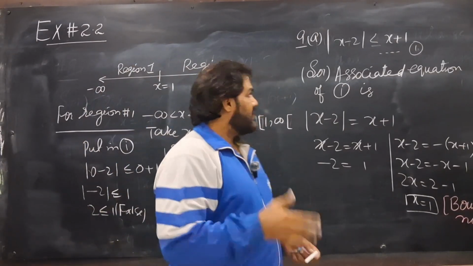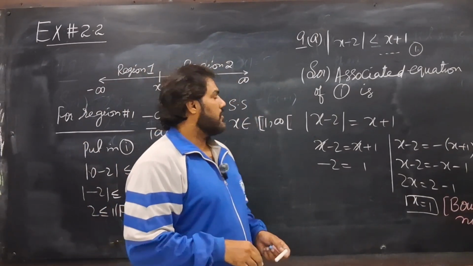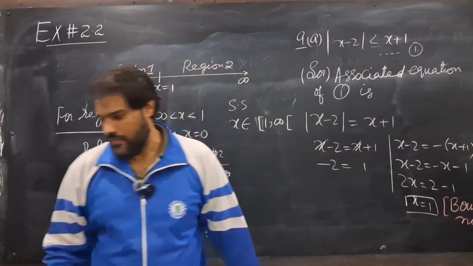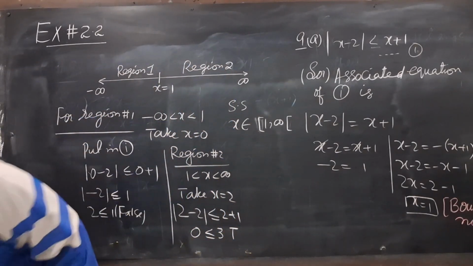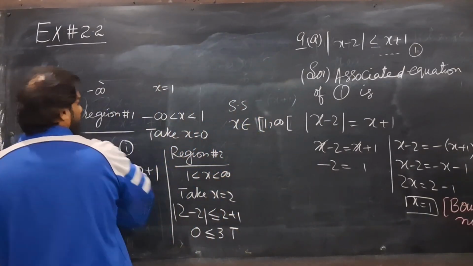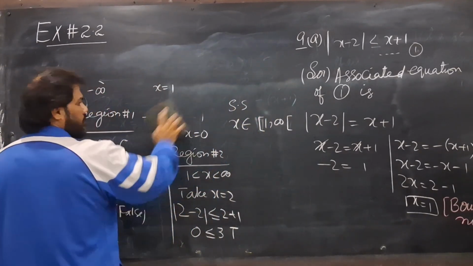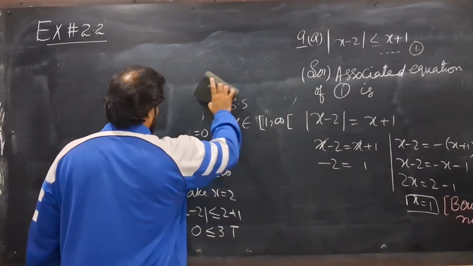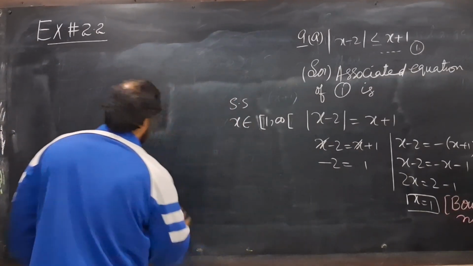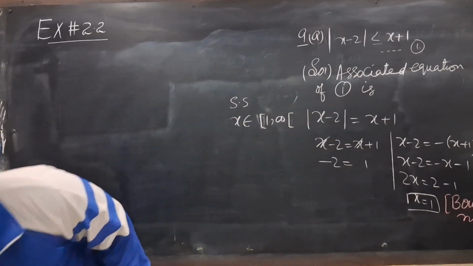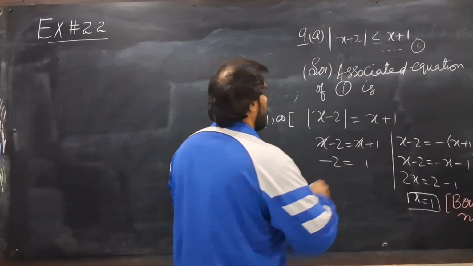Next, we have to sketch the graph of this inequality, and we have to interpret the graph. You know the graph of the standard absolute value function, that is y is equal to |x|.